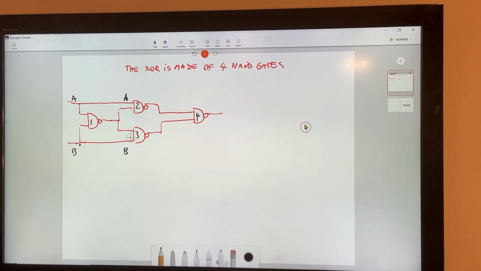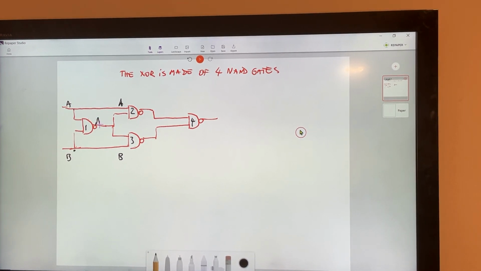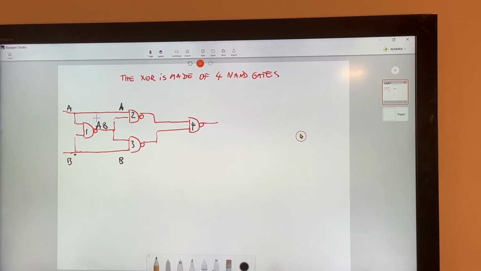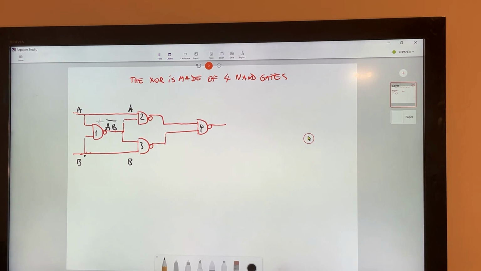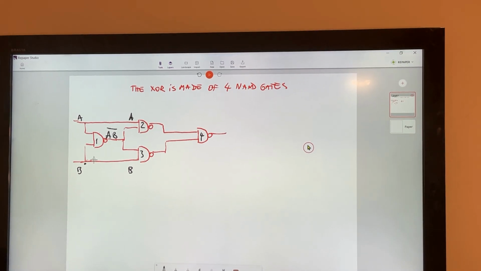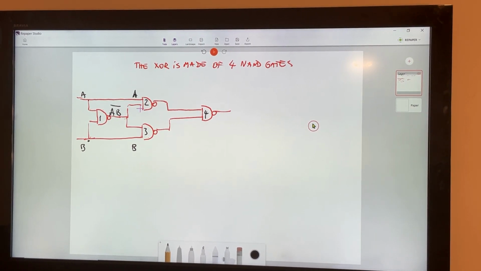So let's see. What is the output of the first gate? It is A times B, everything with the bar on top. Remember, this is the mathematical equation of the NAND gate. This is going to become the input of the next gate.